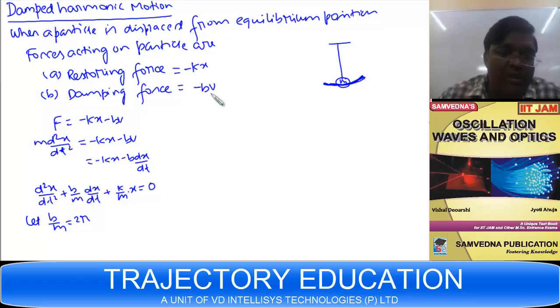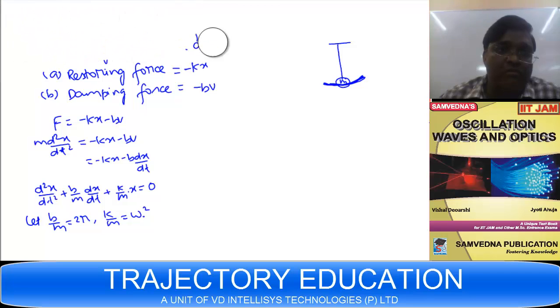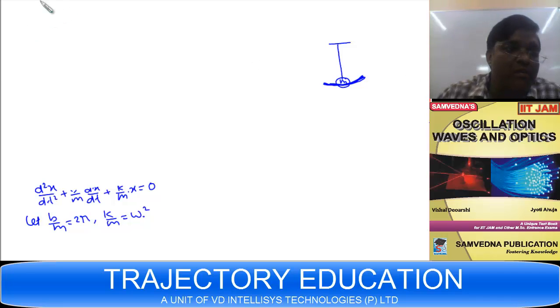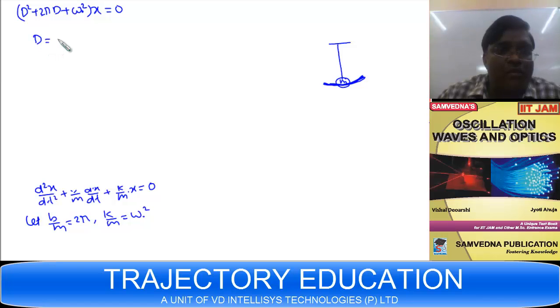Here b is the damping constant and r is called the damping coefficient. k by m is omega naught square. So your differential equation becomes d square x by dt square plus 2r dx by dt plus omega naught square x equals 0.